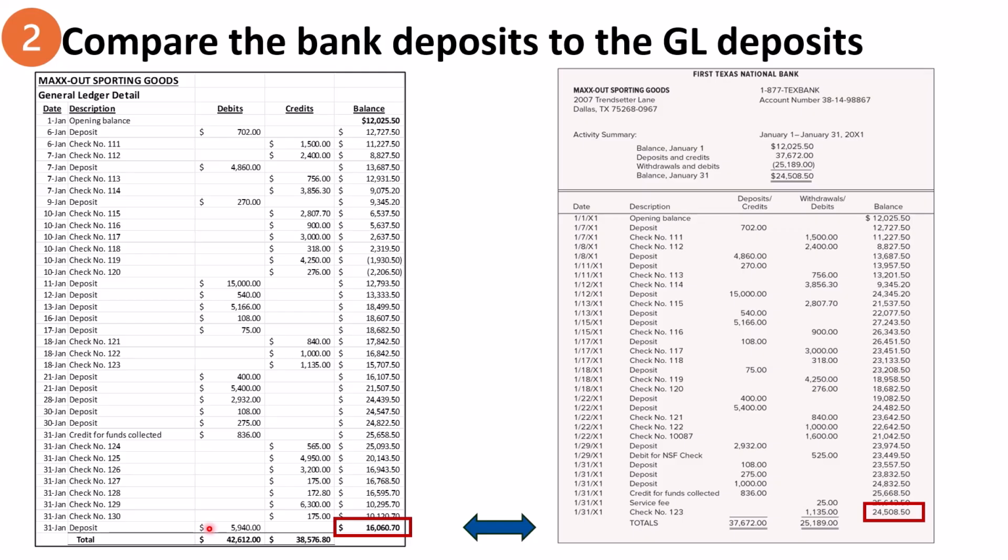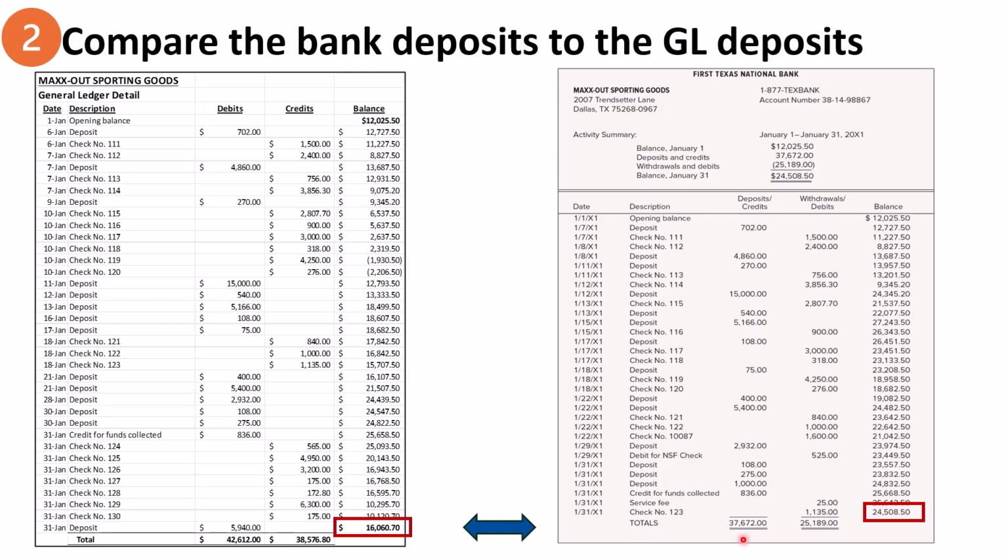To verify that this is simply a timing difference, let's add the deposit in transit to the bank's deposit total. The bank statement shows deposits of $37,672, adding the $5,940 deposit in transit gives us total deposits of $43,612.